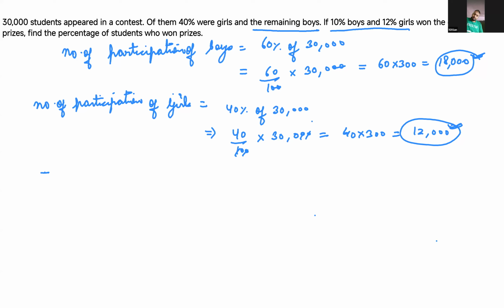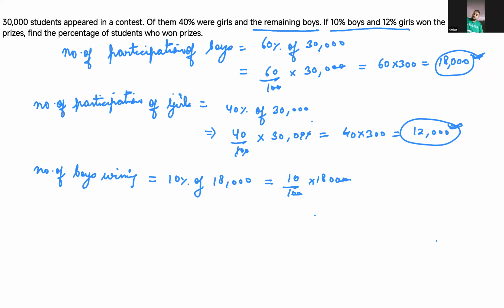So the number of boys winning will become 10% of 18,000, which will become 10 upon 100 into 18,000.